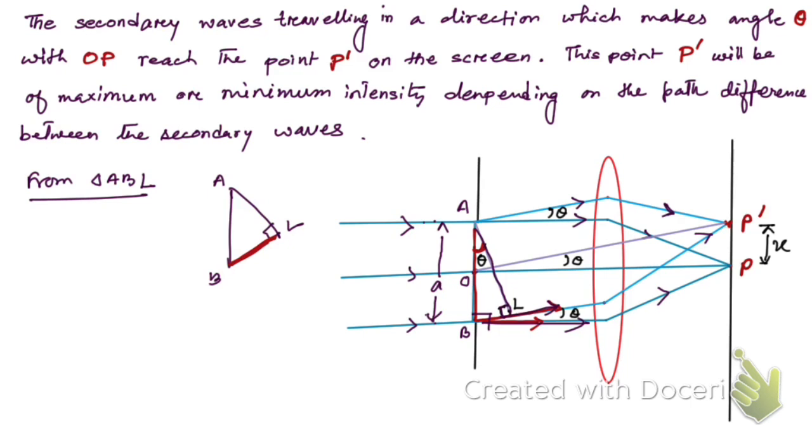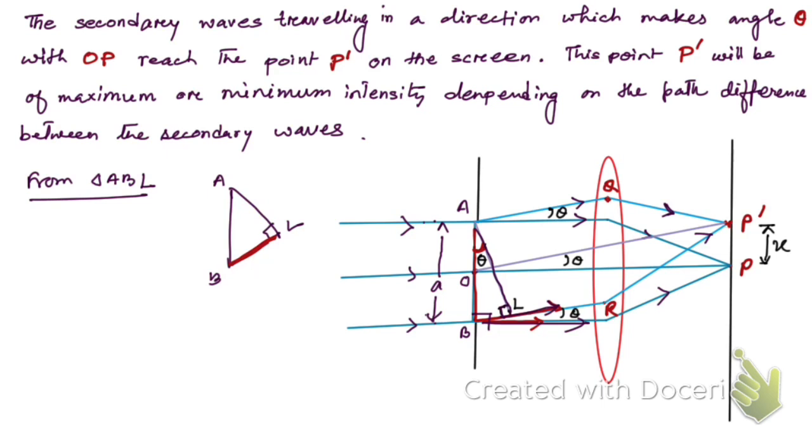Okay, it gives the path difference between AQ dash and BR dash. You can consider that way. Let me consider this point is Q, and this point is R. Okay, so AQ dash and BR dash. Here we're gonna get the path difference from this triangle, and that is BL.